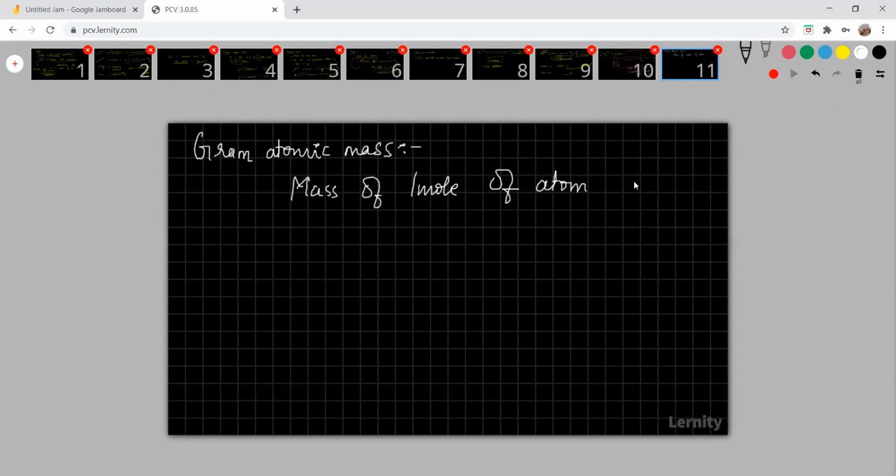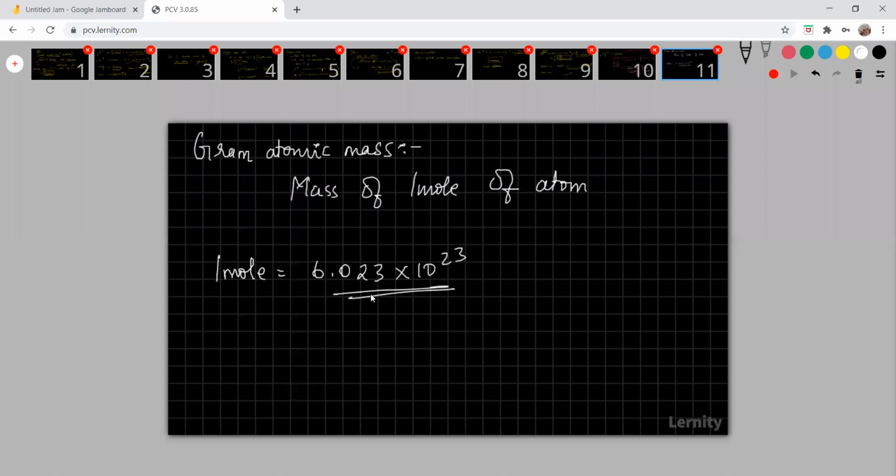Why don't we use 1 mole? Dozens we use in our day-to-day life, like 1 dozen of apples, or 1 dozen of pencils. But we don't use the mole concept in our day-to-day life because the number is more. 1 mole is not a very small quantity. 1 mole is 6.023 into 10 power 23, which is almost 6 hexillion particles.